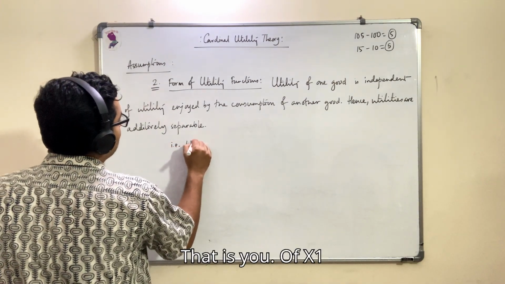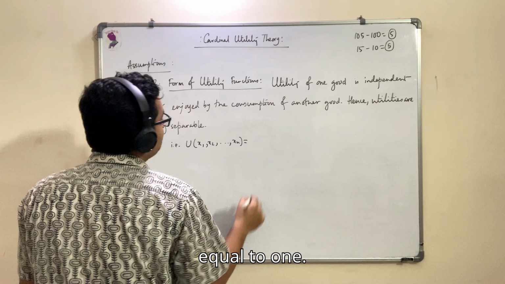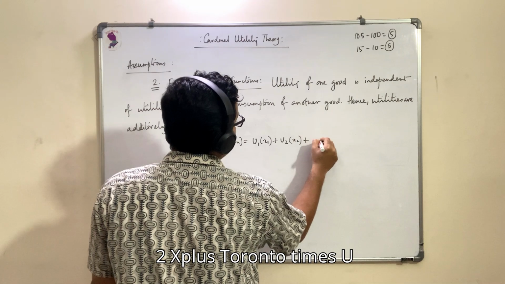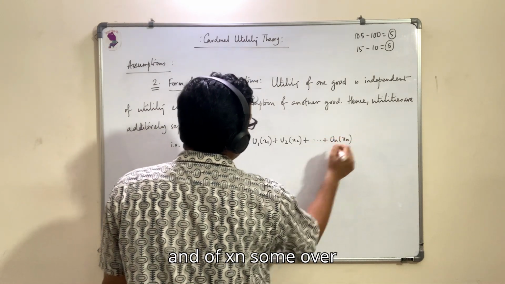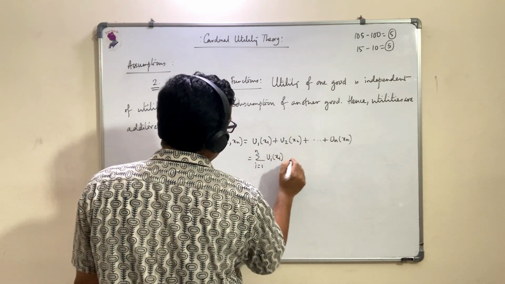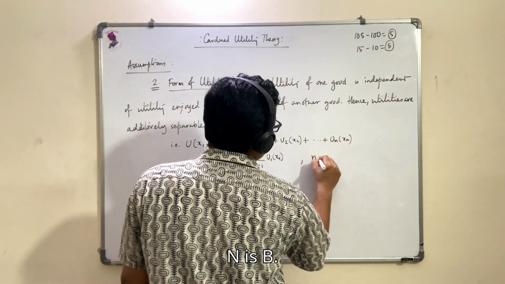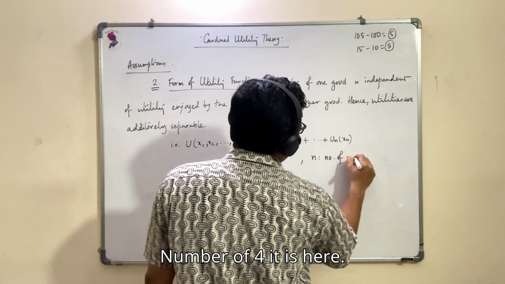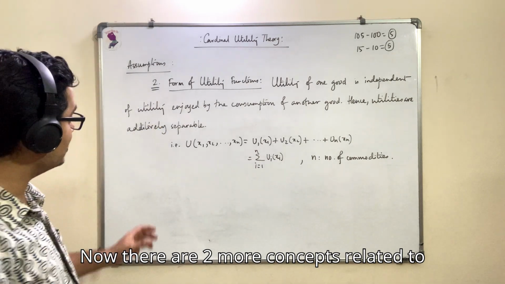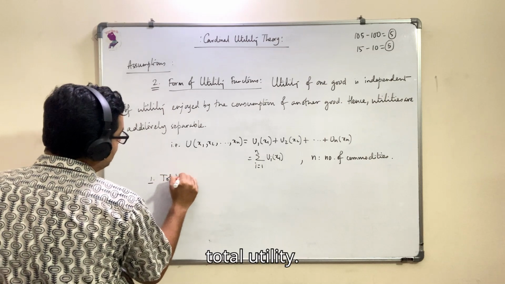That is, u of x1, x2, ..., xn equals u1 of x1 plus u2 of x2 plus ... plus un of xn. That is, the sum over i running from 1 to n of ui of xi. Okay. n is the number of commodities here. Now there are 2 more concepts related to it. So number 1 is total utility.